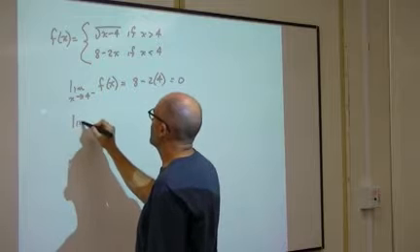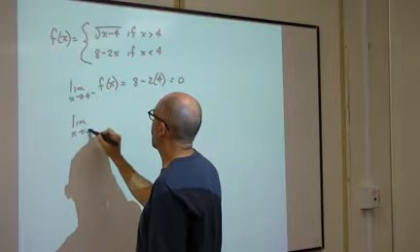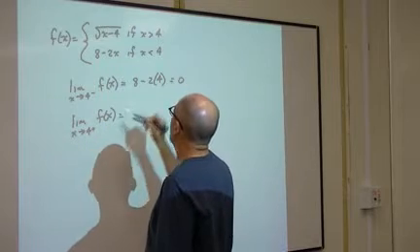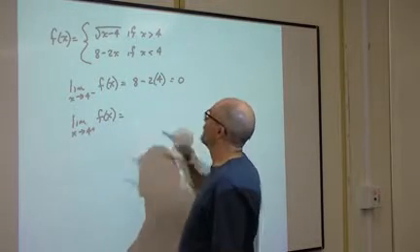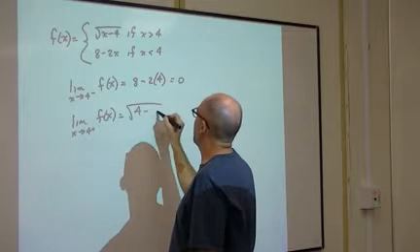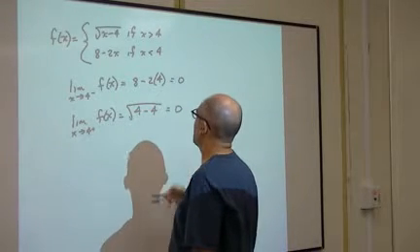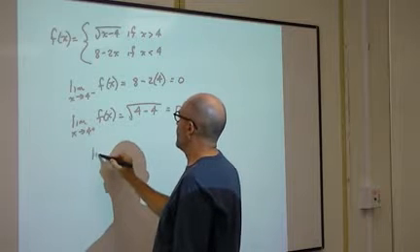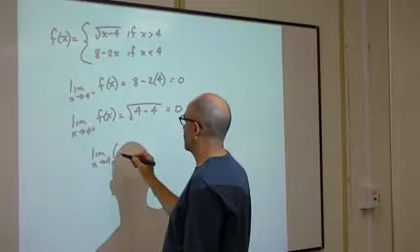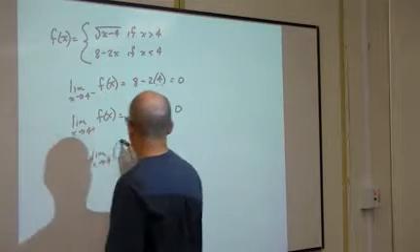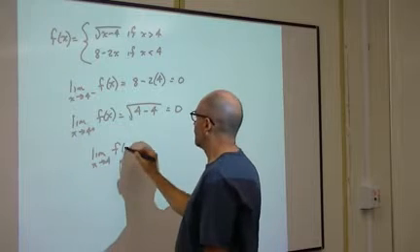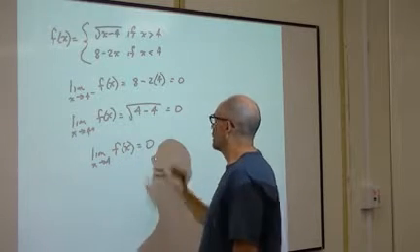Now the limit, as x approaches 4 from the right of f of x, is the top, because this is where x is greater than 4. So this is the square root of 4 minus 4, which also equals 0. Therefore, the limit, as x approaches 4 of f of x equals 0.